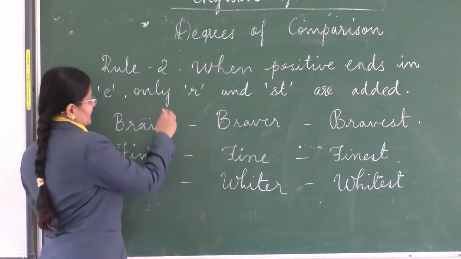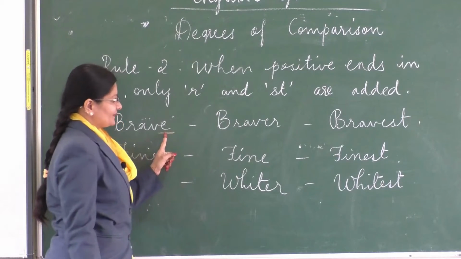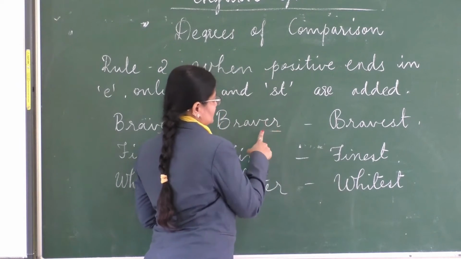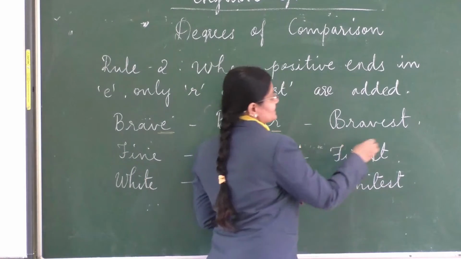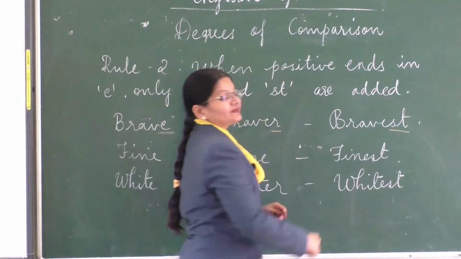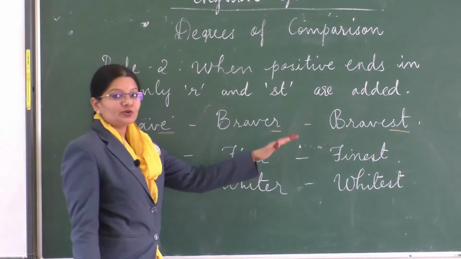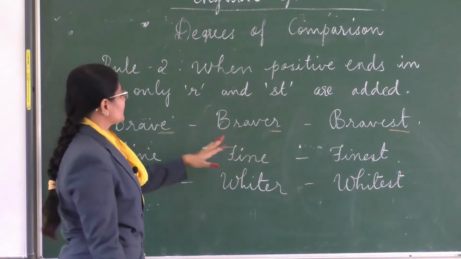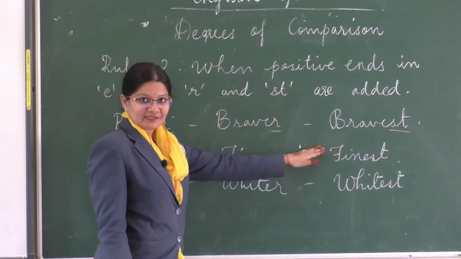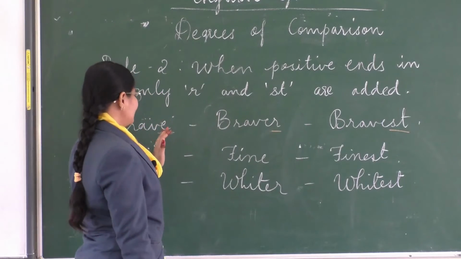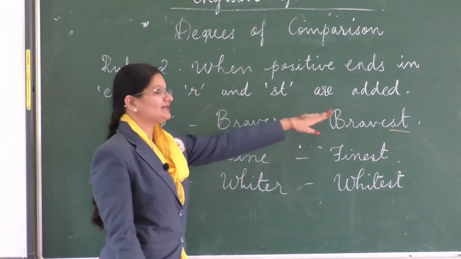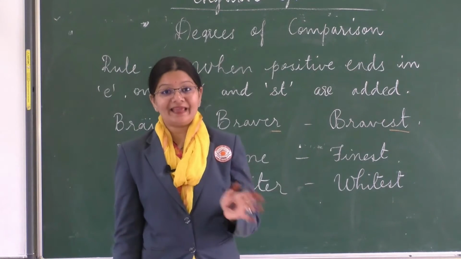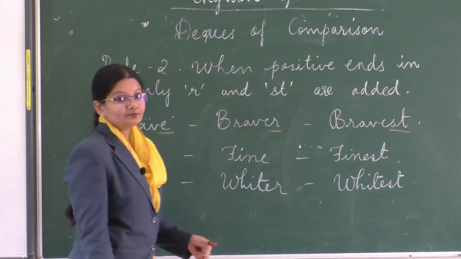Brave, the word is ending in e, so it's braver, you add r, e is already there, and then you add st. So this is the way you change the degree of comparison to comparative and superlative, by adding r and st at the end of the word.